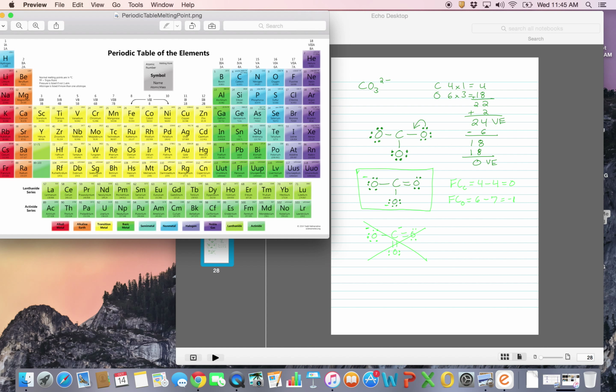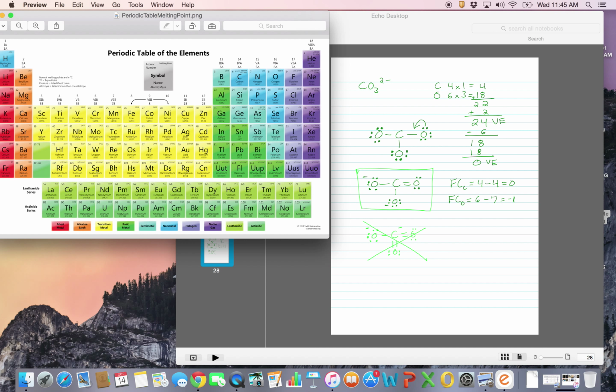We now need to look at formal charge. So the formal charge for the carbon is going to be equal to 4 minus 4, which is 0. And the formal charge on the 2 oxygens that are singly bonded are going to be 6 minus 7, which equals negative 1. So we have a negative 1 charge on each of the oxygens.